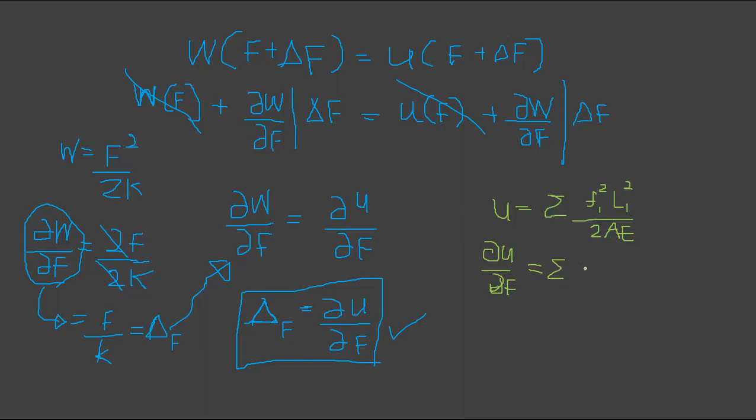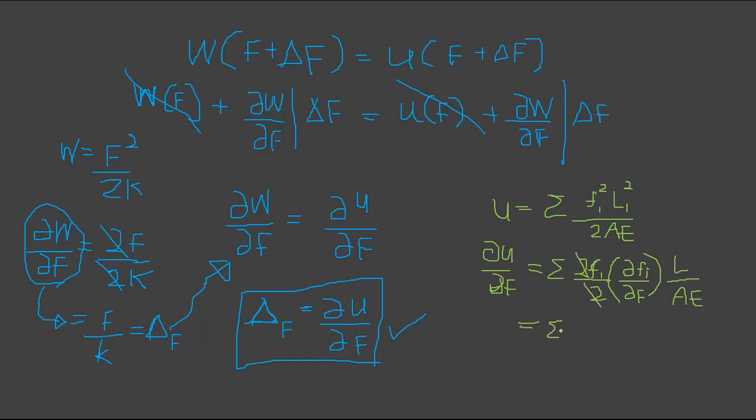So you can take this d inside. So you know U is a function of F, right? So you can differentiate it with respect to F easily. That's going to be 2Fi. Since this is a function, you have to multiply it by dFi by dF over dFi by dF, right? As well. And then Li over 2 into AE, right? So you can cancel this term.